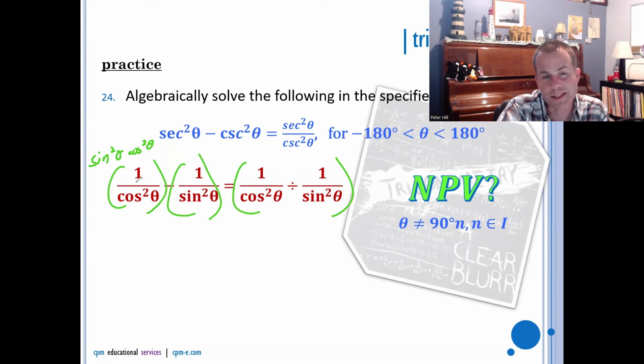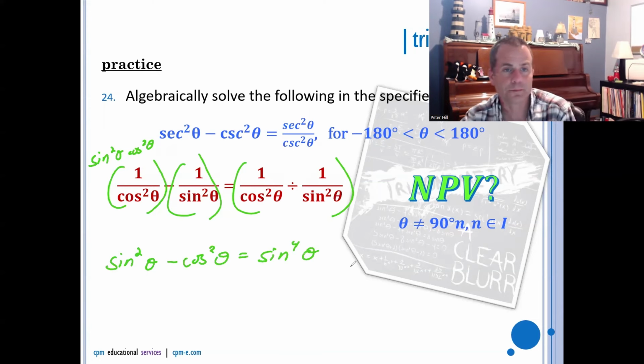So if I multiply this guy by sine squared theta cos squared theta, my cos squared theta is divide out and I'll just be left with sine squared theta. If I multiply this guy by sine squared theta cos squared theta, my sine squares cancel out and I will be left with cos squared. And then here, my cos squares will cancel out and I'll be left with sine squared times the sine squared. So that'll equal sine to the 4. Okay.